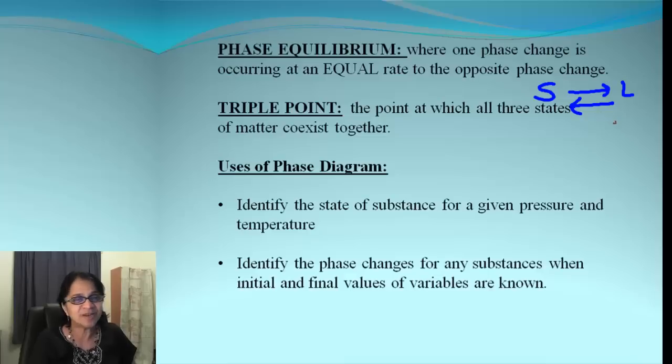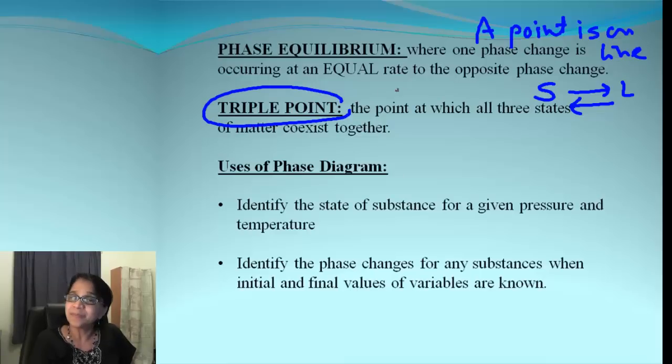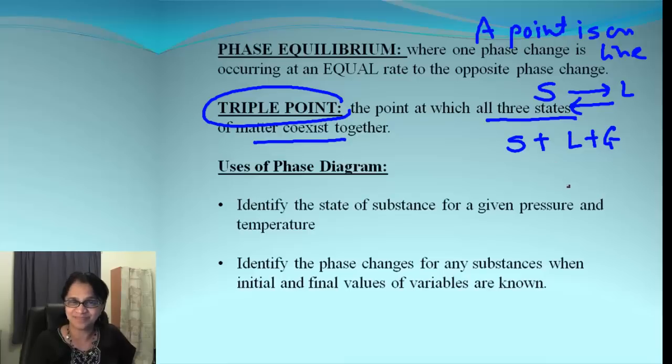That is phase equilibrium. How do we know it is a phase equilibrium? If a point is on the curved line, that will always be an equilibrium state. And we already talked about the triple point. The triple point is the one where we have all three states, solid plus liquid plus gas, all of them coexisting together at the same point.